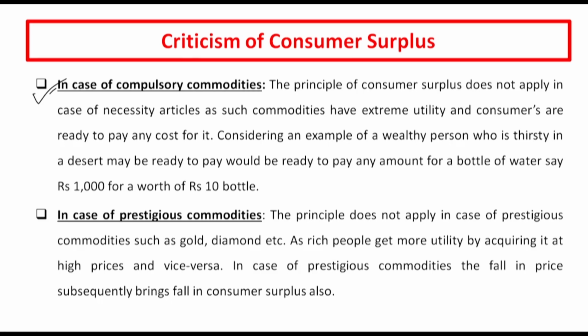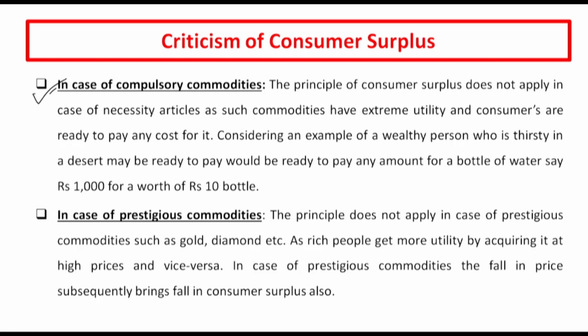Compulsory items. You are ready to buy the necessary items at any cost. You're not going to think about the consumer surplus. Suppose a person is poor and ill, definitely whatever the cost of the medicine, the consumer is going to purchase.